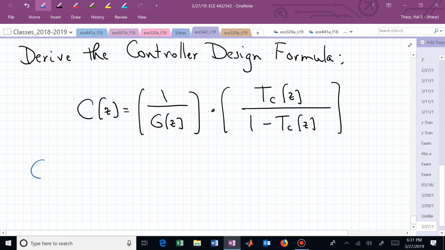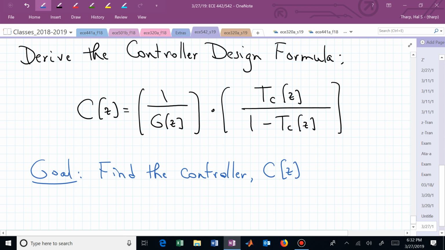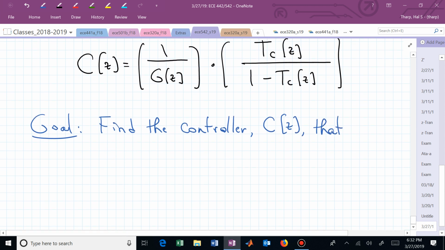Our goal now in this short derivation is to find the controller, which we're calling capital C of z, that realizes or produces a closed loop transfer function equal to T sub c of z.